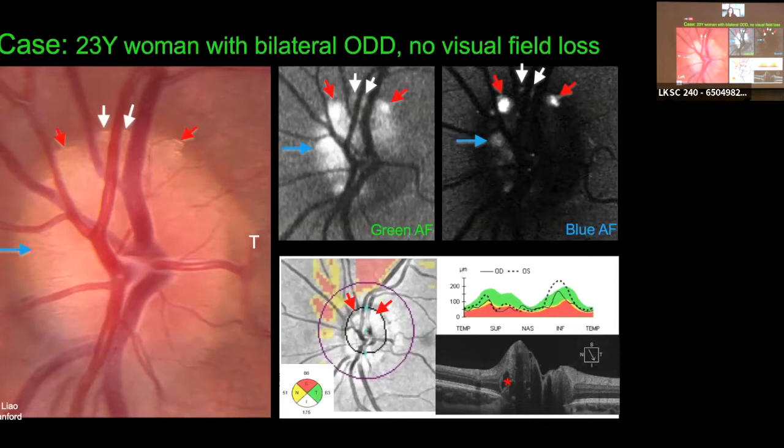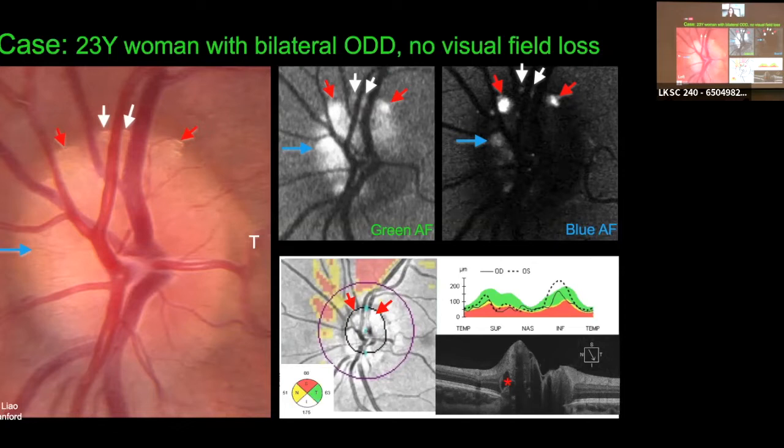So in this patient, it's typical that you have a superior and nasal predominance to the drusen deposition. We don't know why exactly, but it could be related to eye movement, so biomechanical injury to the optic nerve axons as they make a 90-degree turn at the optic nerve head.